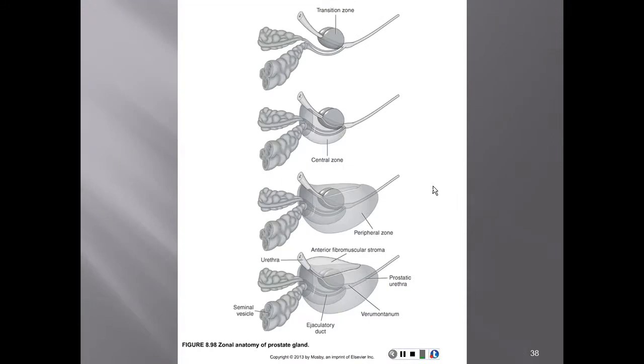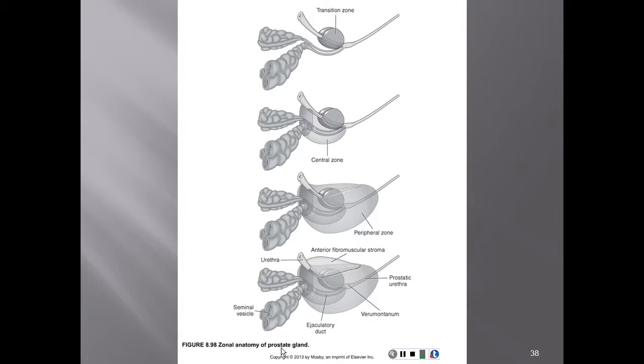This is an illustration of the zonal anatomy of the prostate gland. So the central zone is located at the base of the prostate between the peripheral and transition zones and accounts for approximately 25% of the glandular tissue.